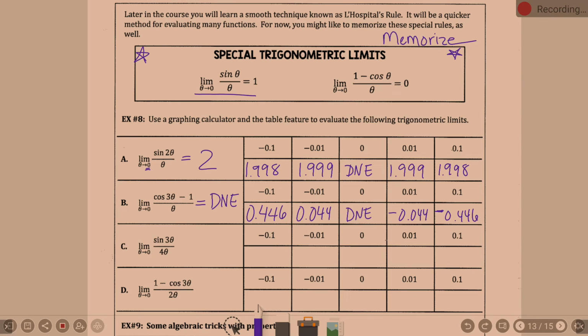Now, you can take a guess at the next one as I fill in the values. 0.738, 0.749, you can guess the 0, D and E, 0.749, 0.738.